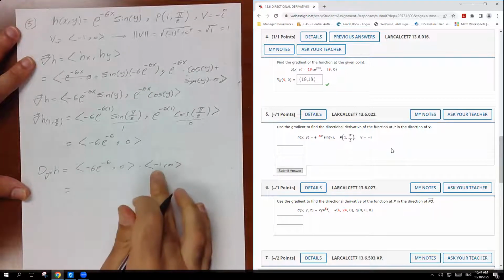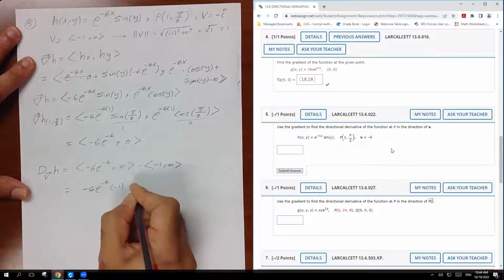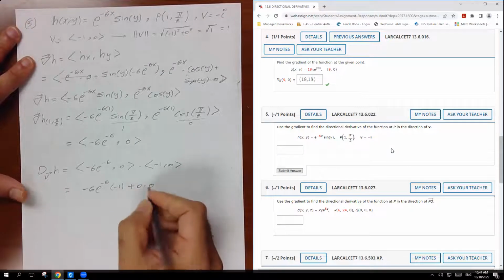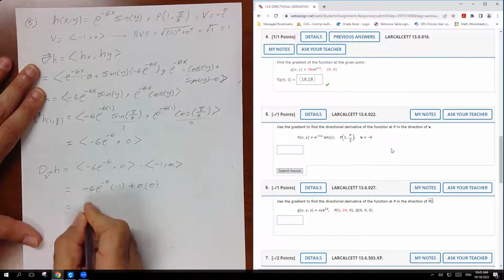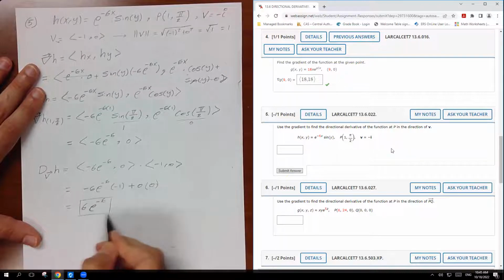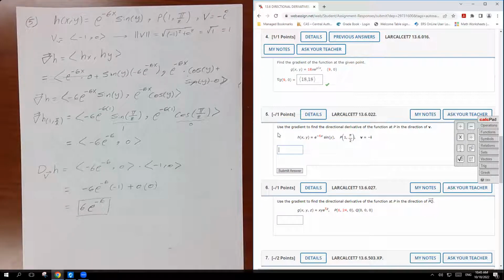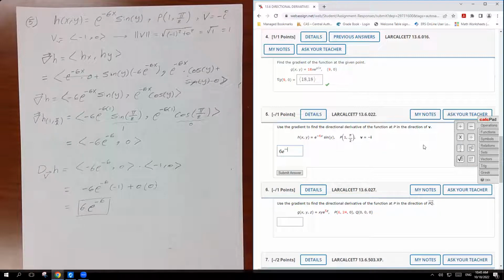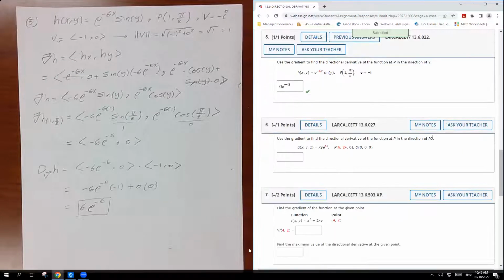It's a dot product, so -6 e to the -6 times -1 plus 0 times 0, which gives 6 e to the -6. That's it for this example.